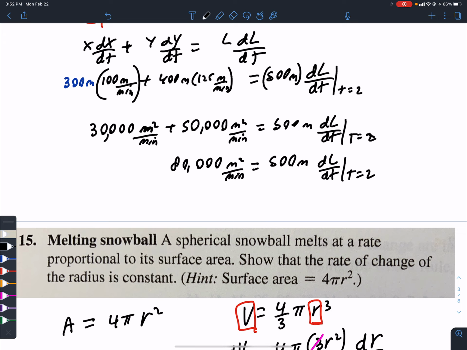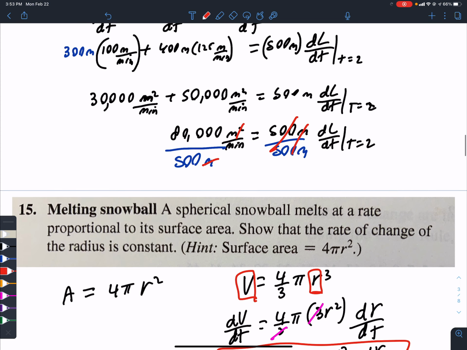Then I'm going to divide both sides by 500 meters. Those will nicely cancel out. One of those will cancel one of those. 2 zeros cancel out 2 of those. 5 goes into 8 one time, 3, 6, 0.